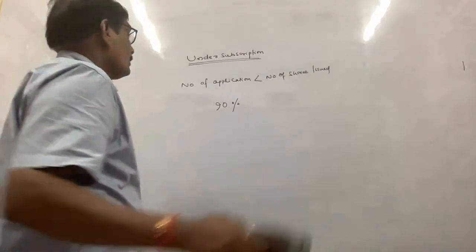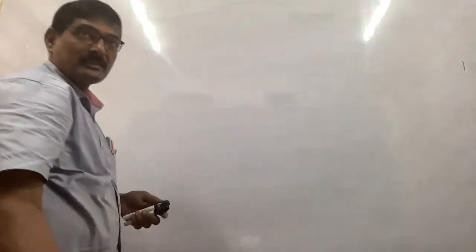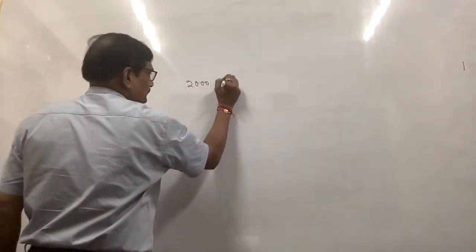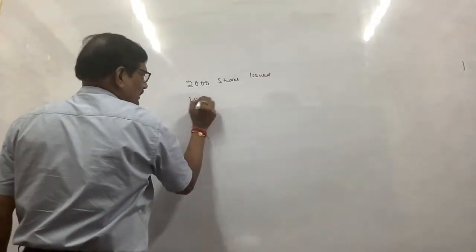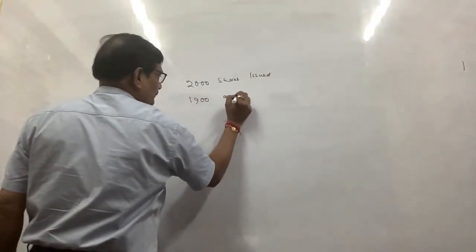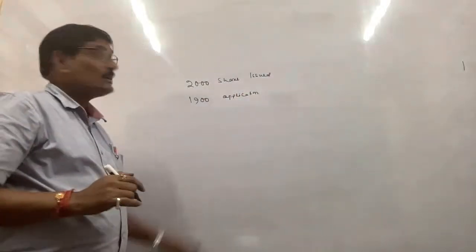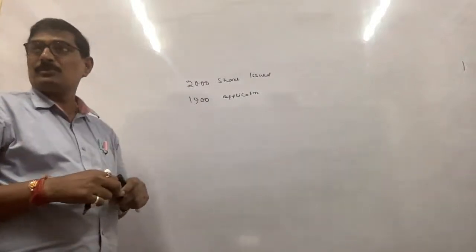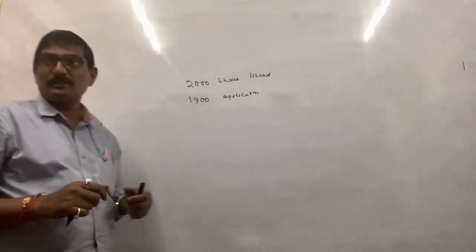So, when the number of applications received is less than the number of shares issued, that is under subscription. Suppose, for example, we have issued 2000 shares, that is issued capital, and we have received 1900 applications. It is more than 90%. This is known as under subscription, when the number of shares applied for is less than the number of shares issued.